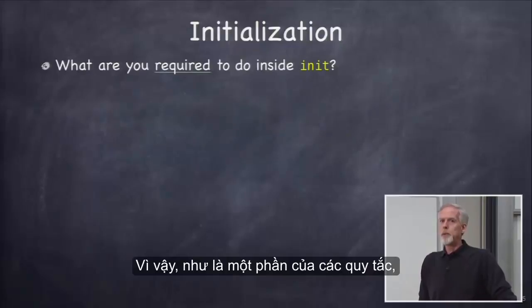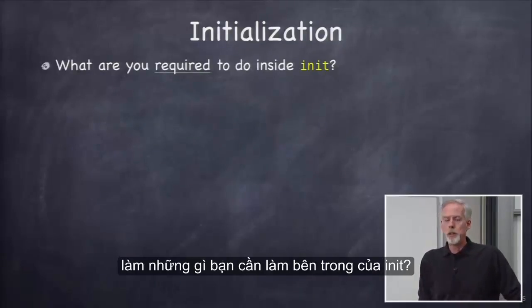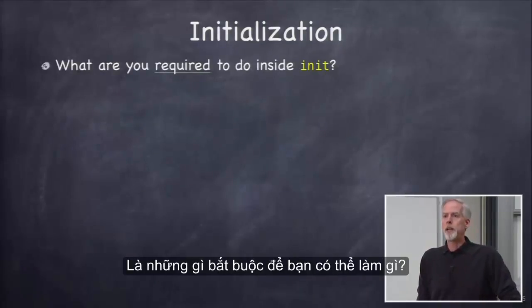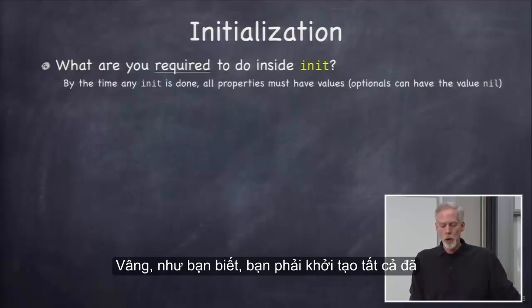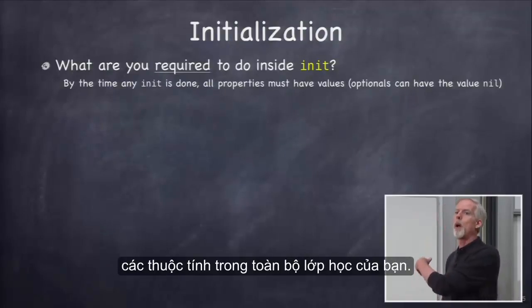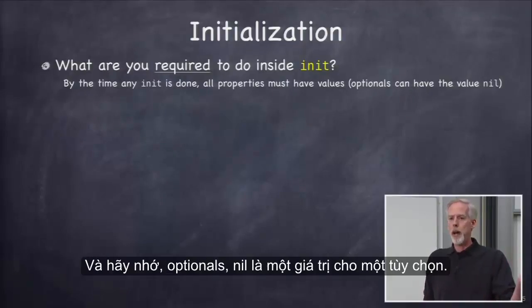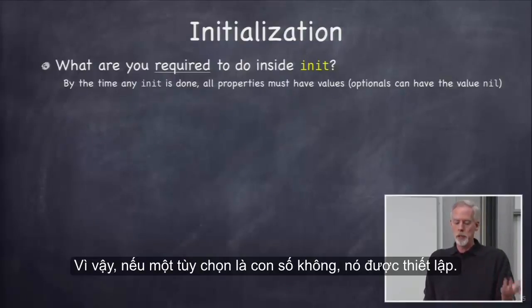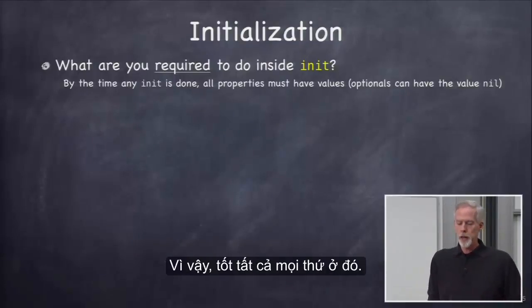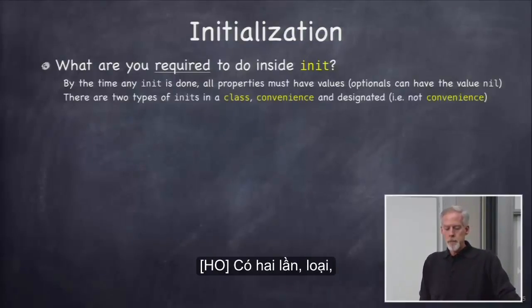So as part of these rules, what are you required to do inside of init? What is mandatory? Well, as you know, you have to have initialized all the properties in your entire class. You cannot start a class off with no values. And remember, nil is a value for an optional, so if an optional is nil, it is set, so everything's fine there.